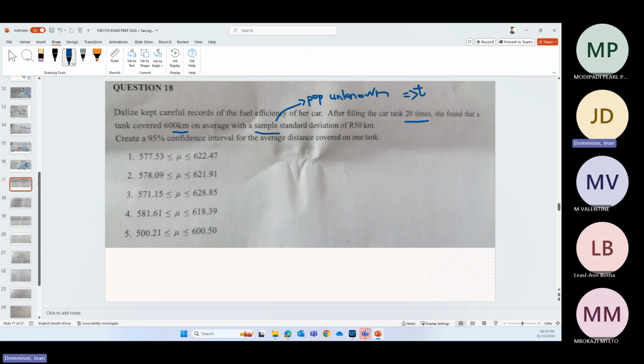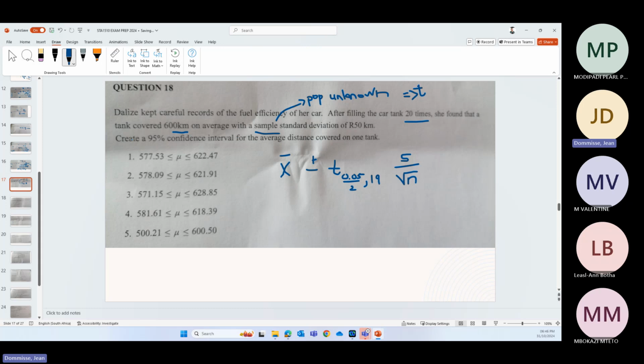Okay, so that means we will still use the mean, but then it's plus minus t 0.05 divided by 2, and your degrees of freedom is 20 minus 1, which is 19. And then still the standard deviation divided by the square root of n.